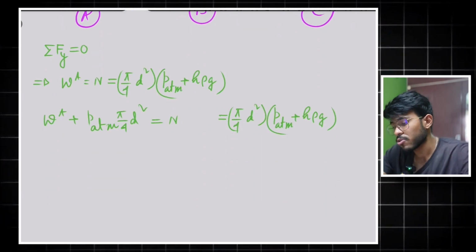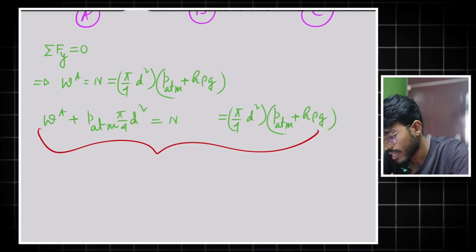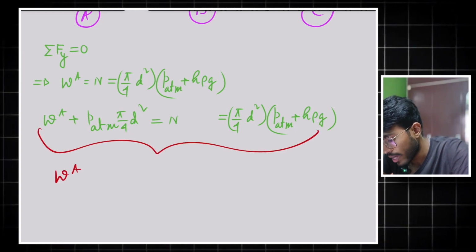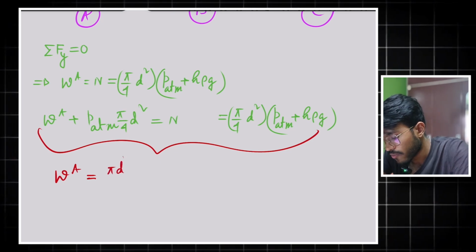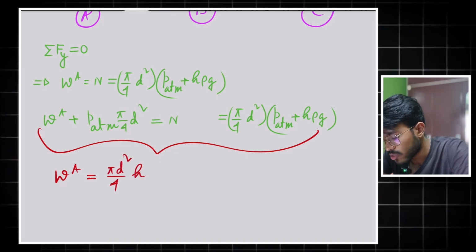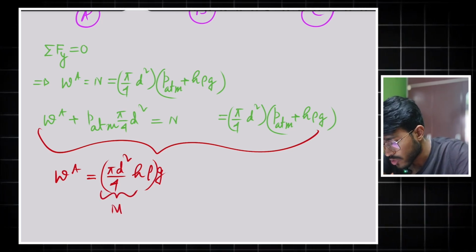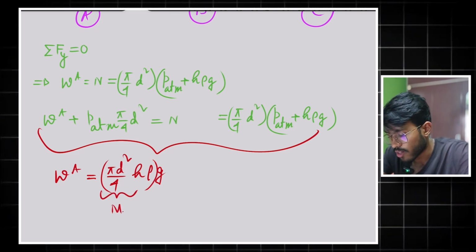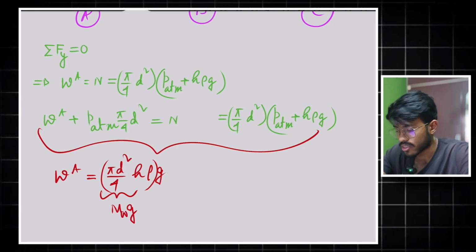Now you see that if I consider this equation, then I will be getting WA is equal to pi by 4 d square into H rho g. Now you see that this part here is actually the mass of water into g.